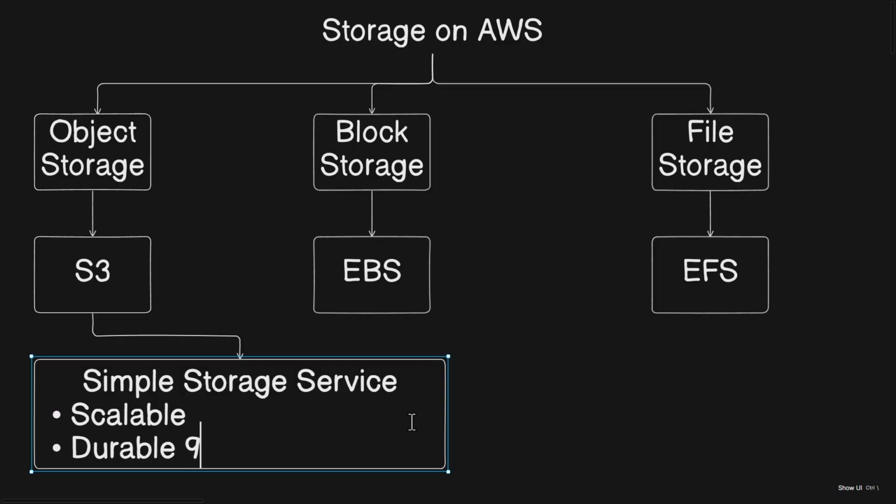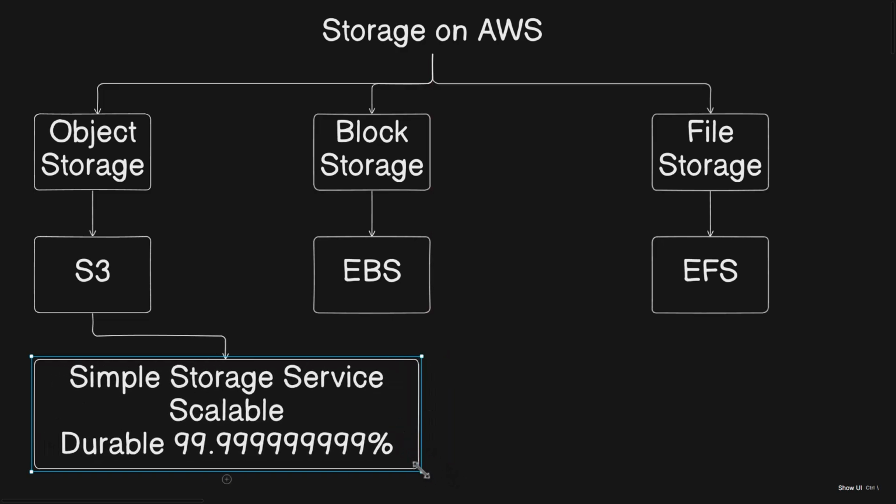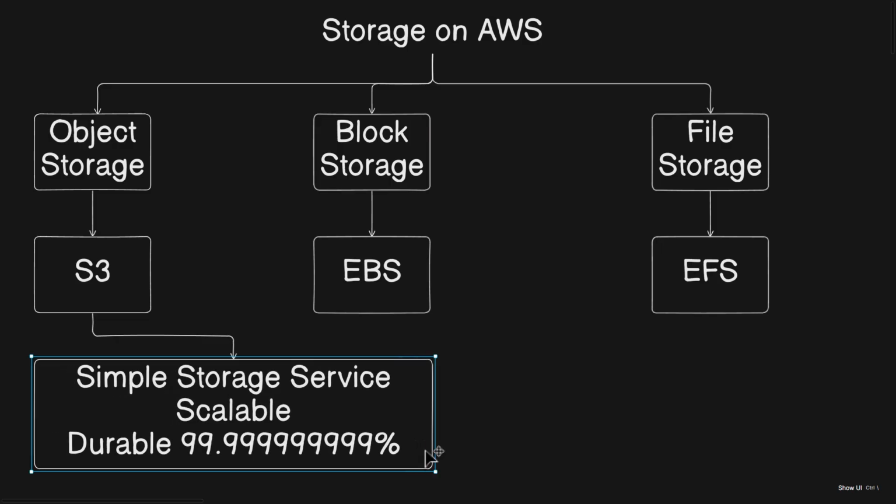So that is 11 nines, and that is what you will hear. It is durable by 11 nines. That is the terminology that you will see being used very often. So that's S3 for you.